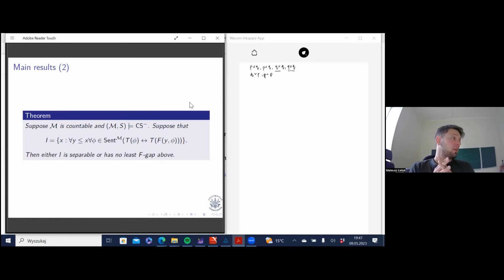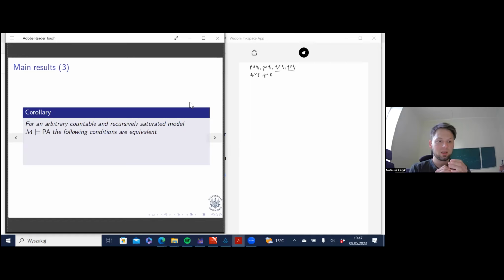One might ask whether it is not the case that every cut is either separable or has no least F gap above. And this turns out to depend on whether the model is arithmetically saturated or not.